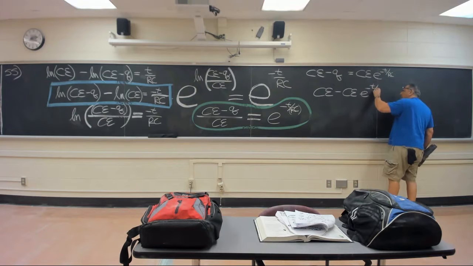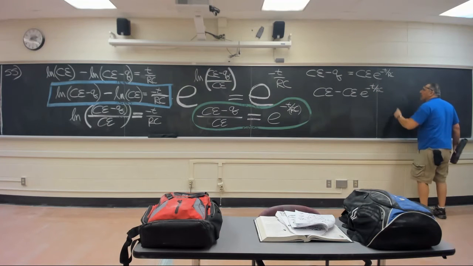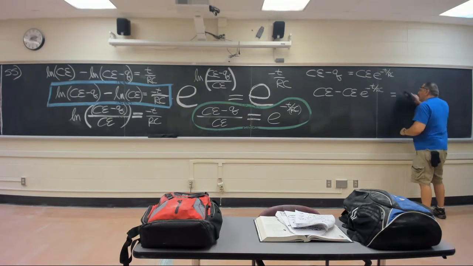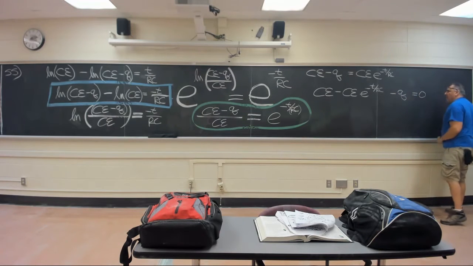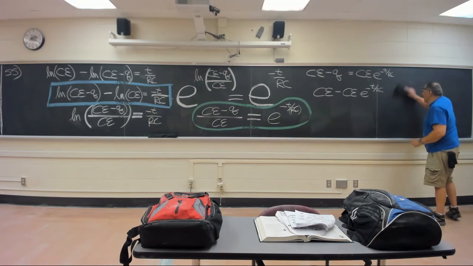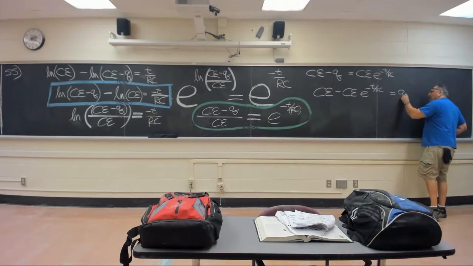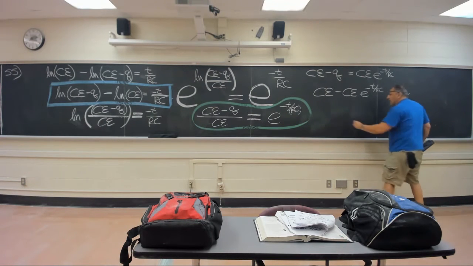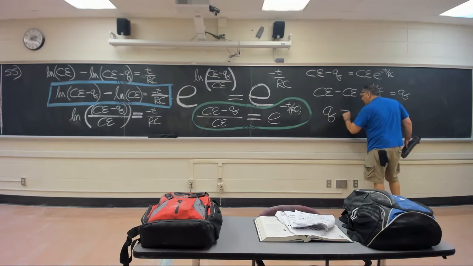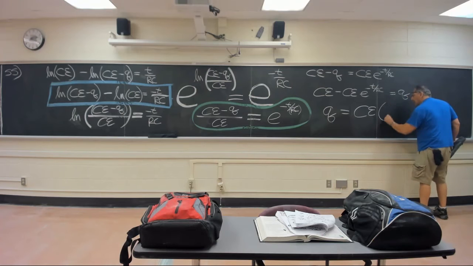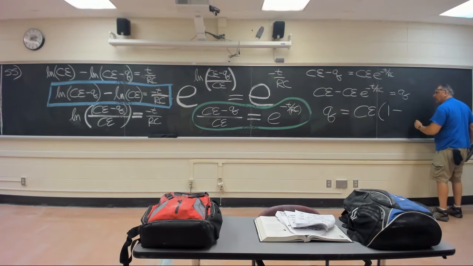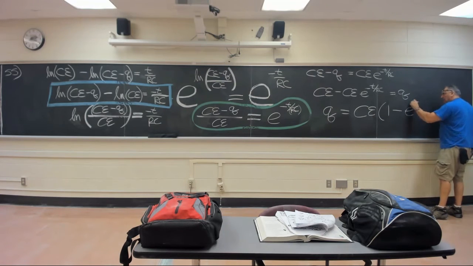Minus Q equals 0. Add a positive Q on each side. Q equals CE times e to the negative t over RC.